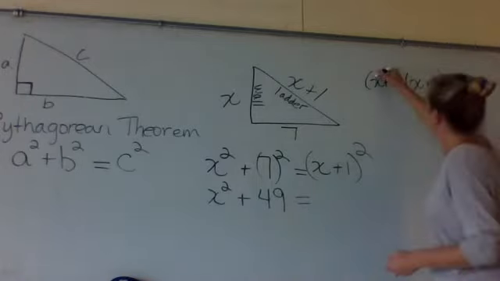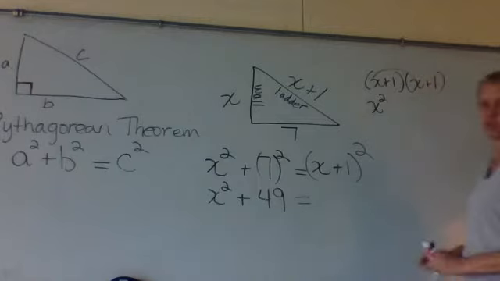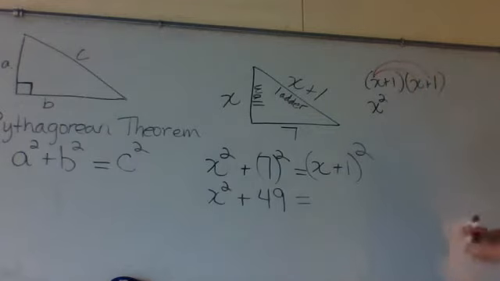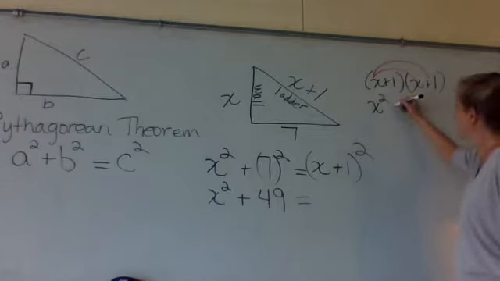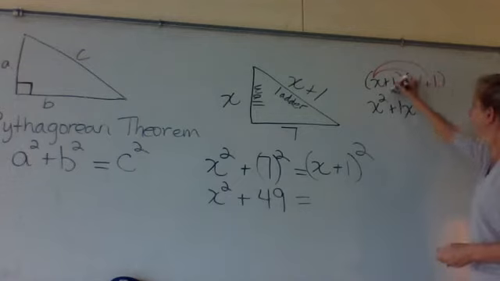So let's see, if I FOIL that, x times x gives me x squared. My outer, x times 1 gives me 1x. My inner, 1 times 1 gives me another 1x.